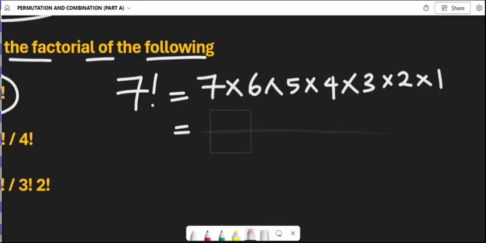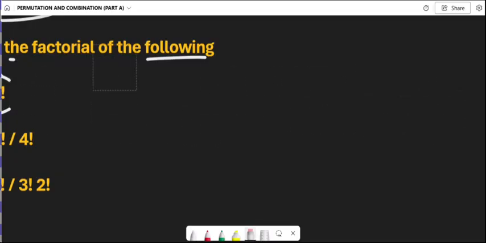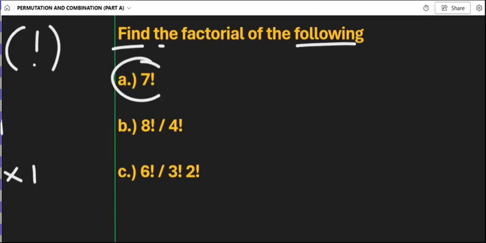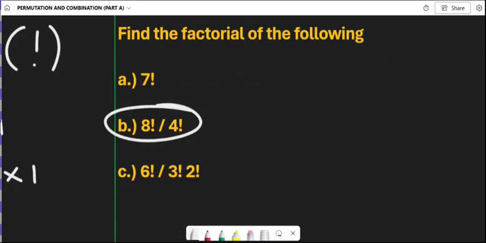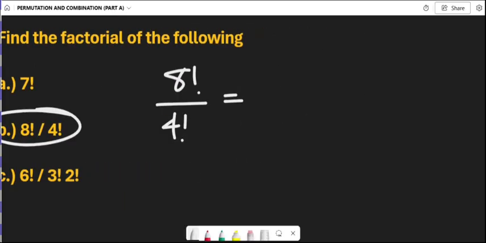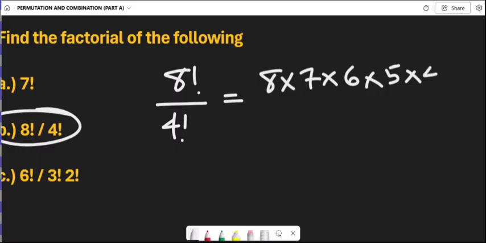Another example we have here is 8 factorial divided by 4 factorial. How do you do this? It means you multiply 8 times 7 times 6 times 5 times 4 factorial, all over 4 factorial.